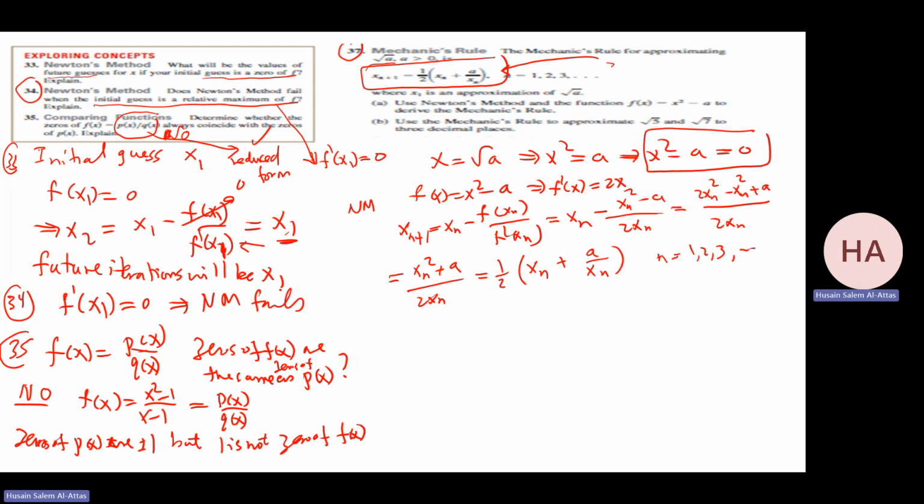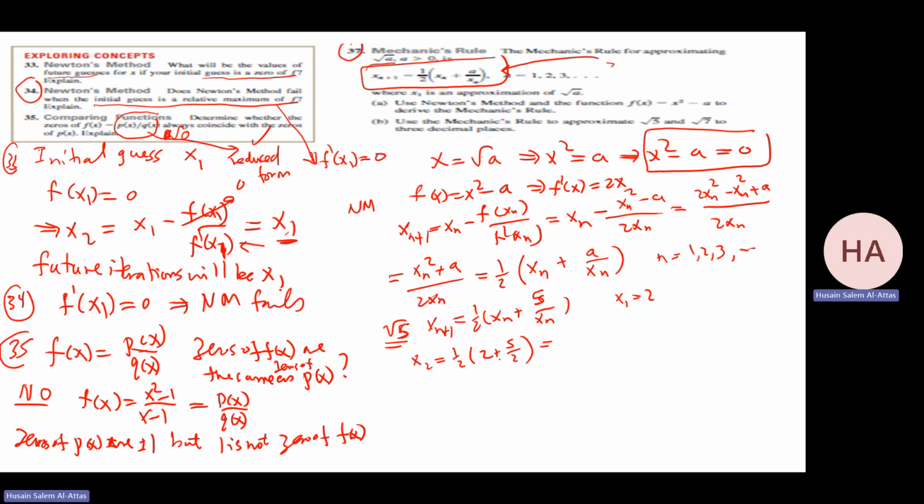Now we want to do square root of 5. I want to approximate square root of 5. I have xn plus 1 equal half xn plus 5 over xn. I will start with x1 equal 2. x2 will be what? Half 2 plus 5 over 2.